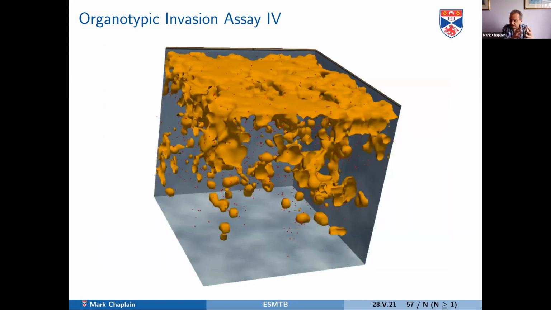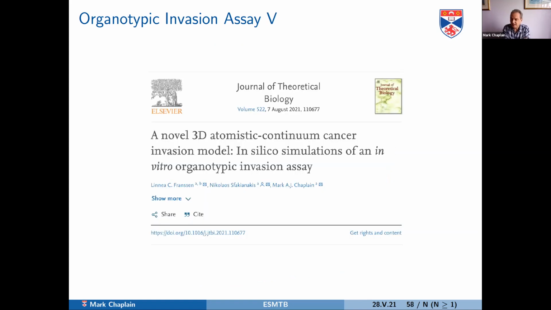And this is all done in a nice three-dimensional framework. And so we've simulated this in 3 dimensions and then taken a 2D cross-section, just exactly as happening in the in vitro experiments.